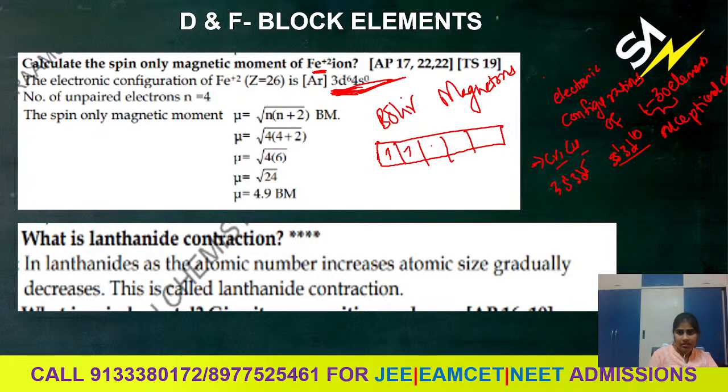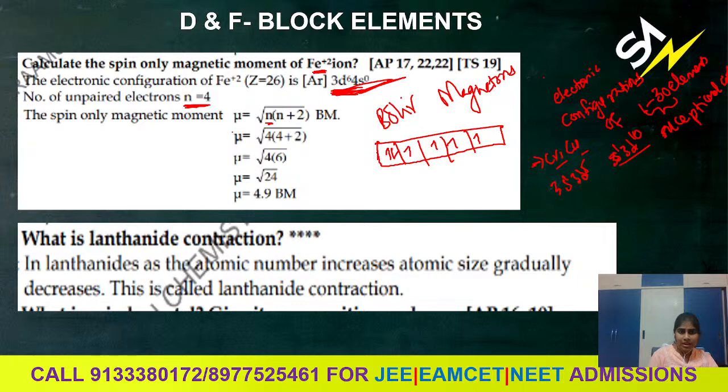That is, we need to fill in this way, as we all know how to fill these electrons. If we fill these 6 electrons, there will be 4 unpaired electrons. We can observe here we have 4 unpaired electrons. These 4 unpaired electrons are the value of n.